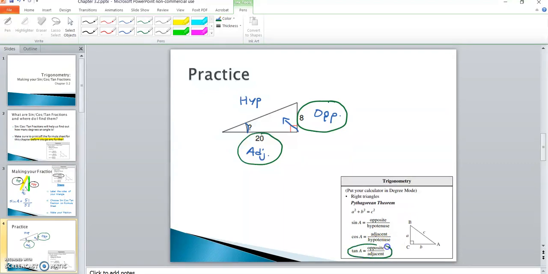Alright, so if you chose tan A, that's correct. So I'm going to make my fraction. I'm going to copy out the tan A, and my opposite is on the top of the fraction, so it's going to be 8. And the adjacent is on the bottom, which is 20. And that's all I'm going to do.